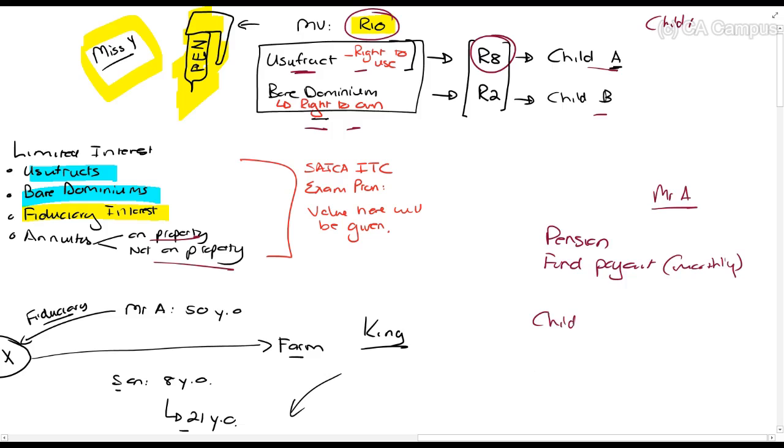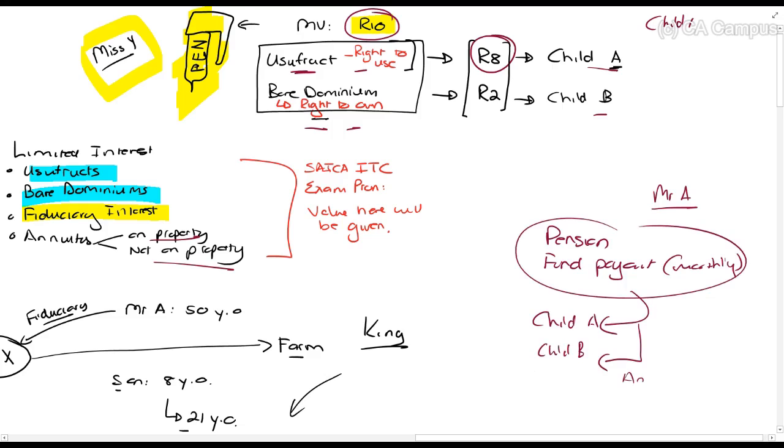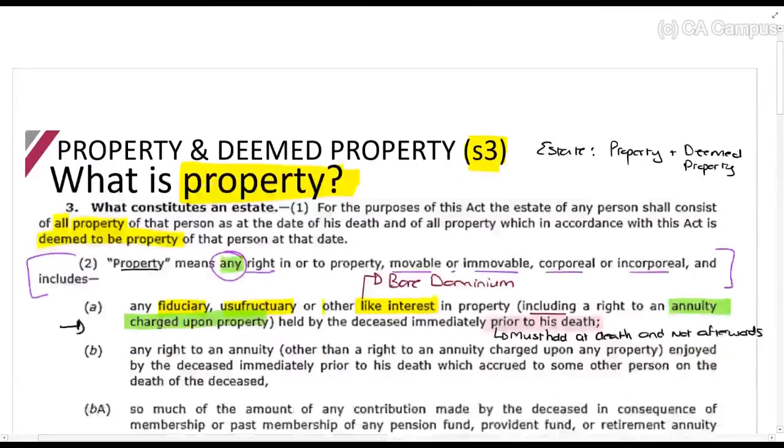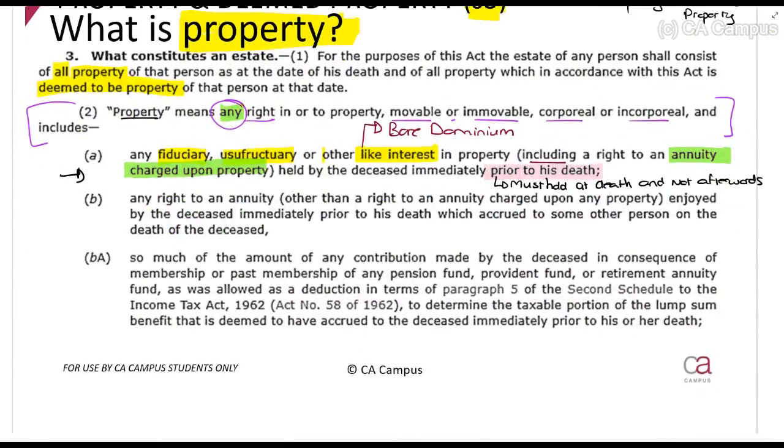He's got 2 children, child A, child B. He says this pension must go to child A, but child A must then pay an annuity to child B out of that money. That is an annuity which is not on property. Okay, so that's in part B, and then you write to an annuity.